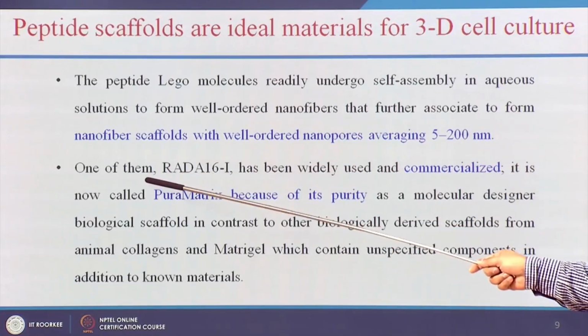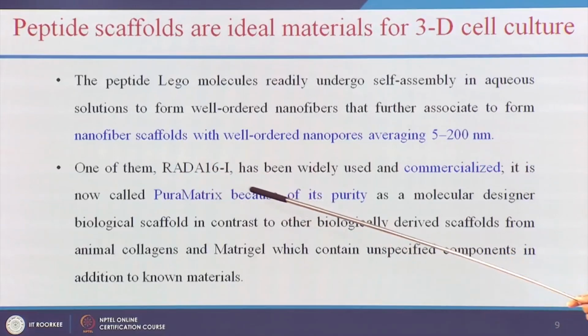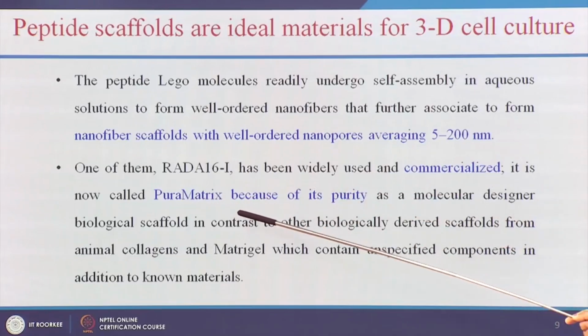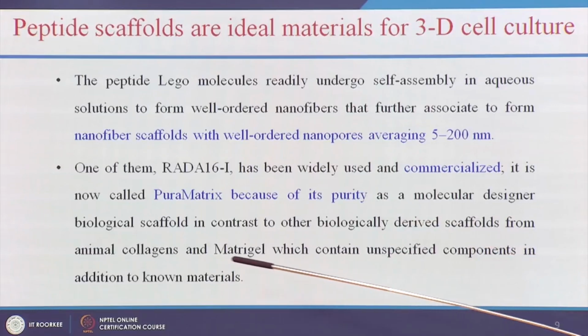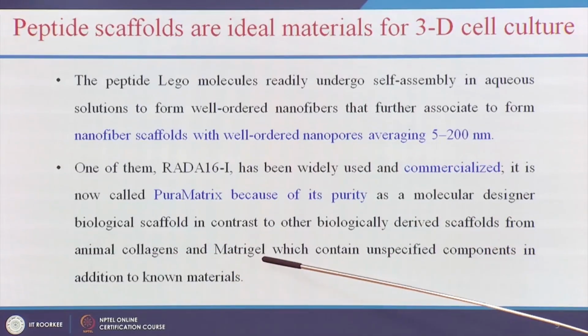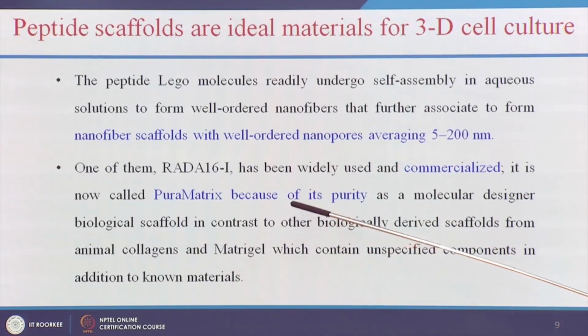One very good example is RADA16-I, which has been widely used and commercialized under the name PuraMatrix because of its purity. Compared to other traditional biological scaffolds like collagen and Matrigel, this protein based scaffold has very good porosity, and is also highly biodegradable and biocompatible.